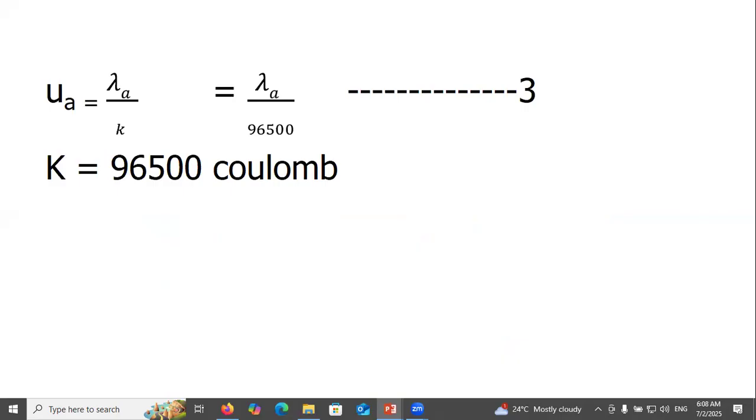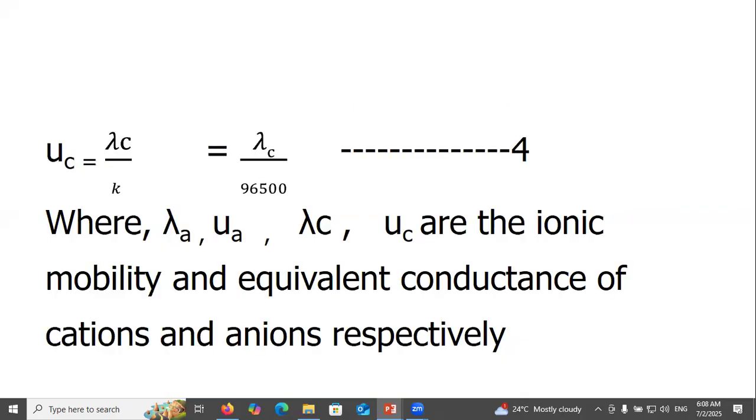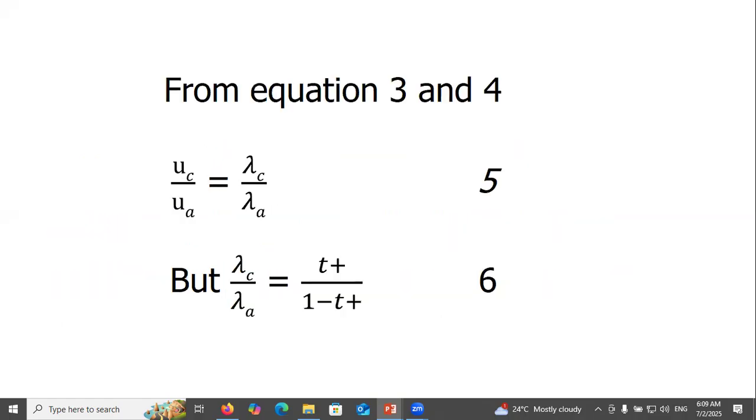K equal to 96500 coulomb. So equation 3. Where lambda A, mu A, lambda C, mu C are the ionic mobility and equivalent conductance of anions and cations respectively.